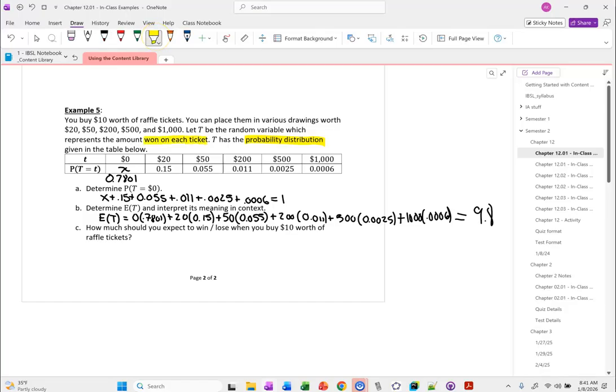So 9.8 means we'd expect to win on average $9.8. How much do we spend? 10. What do you think? Should we play? Yeah.